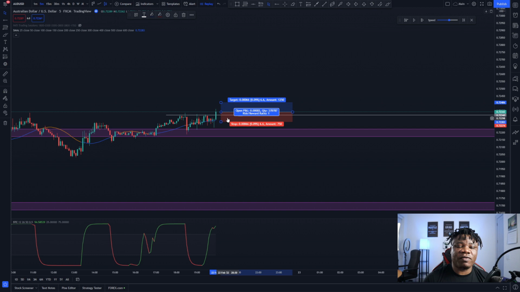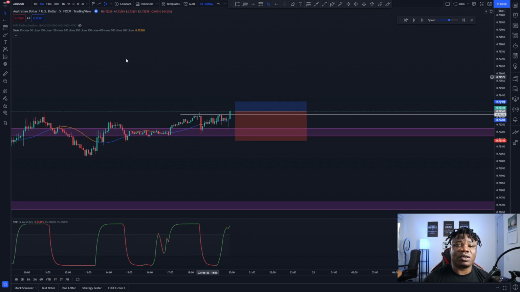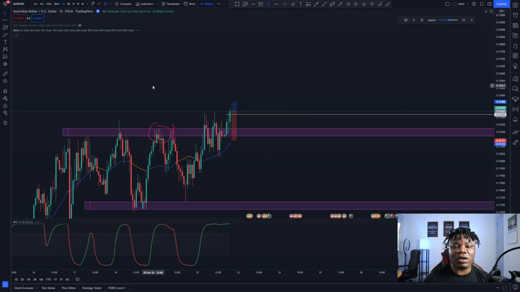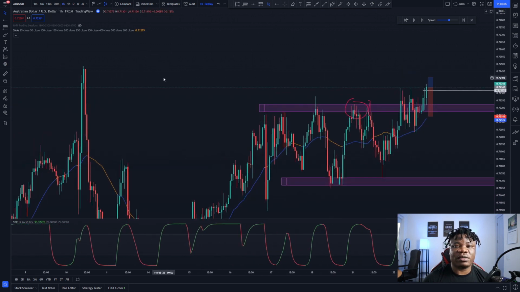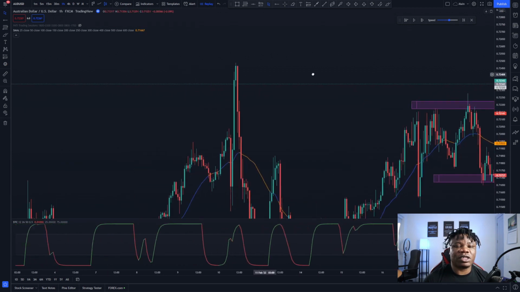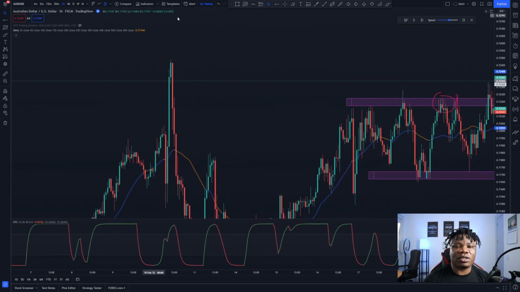Now, since we have our entry right here, and we can also see that the STC indicator is also green, so we will have our stop loss right below this zone here. And for our take profit, all we have to do is to go back to the 1 hour time frame, and we can look for a potential take profit target, and we can see that we can actually target this zone right over here.